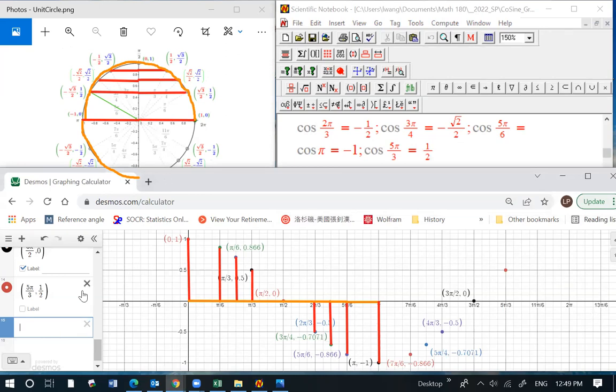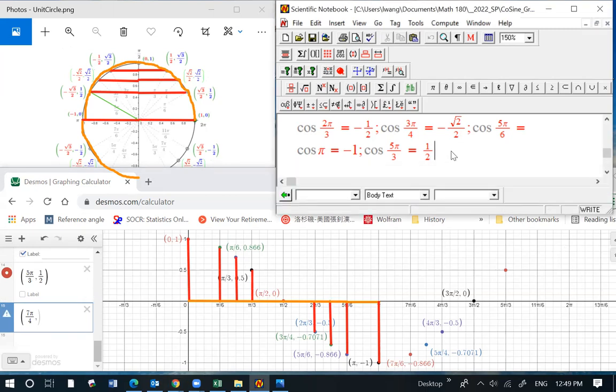Okay, 7 pi over 4. What is the cosine 7 pi over 4? Guys, right? Cosine 7 pi over 4. How would you approach it?